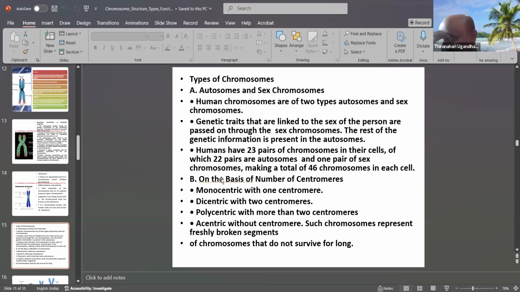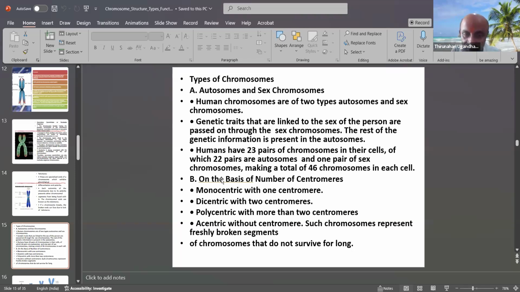Humans have 23 pairs of chromosomes in the other cells, of which 22 pairs are autosomes and one pair is sex chromosomes, making a total of 46 chromosomes in each cell.